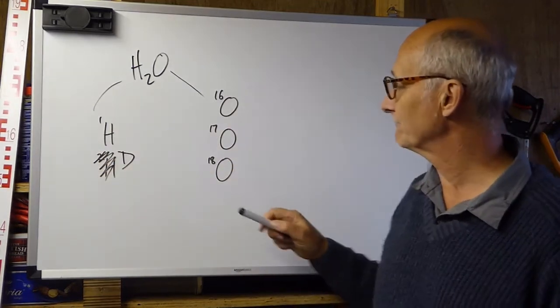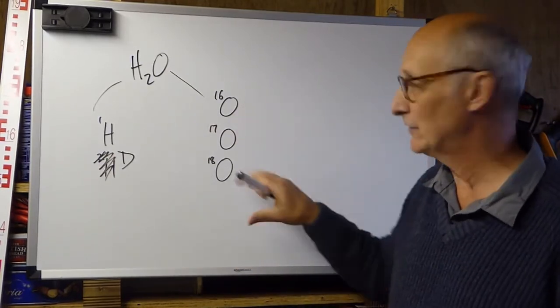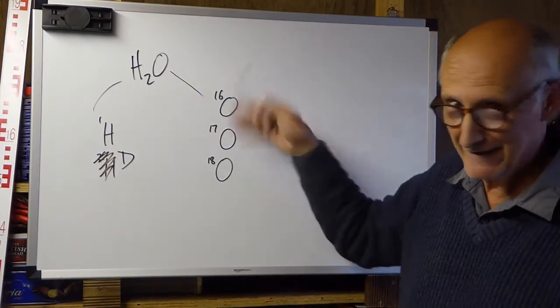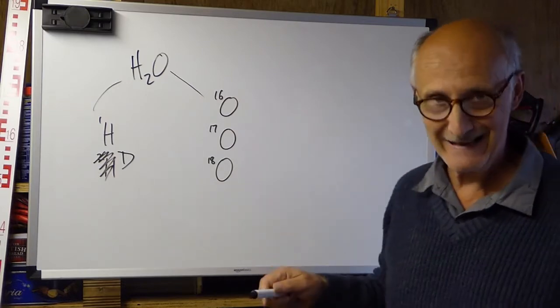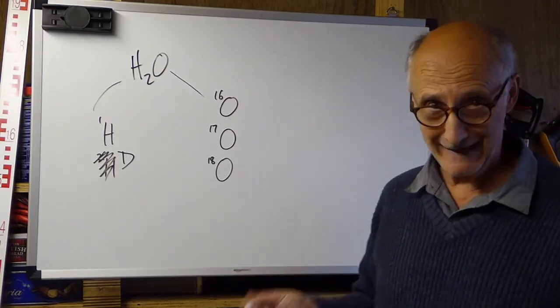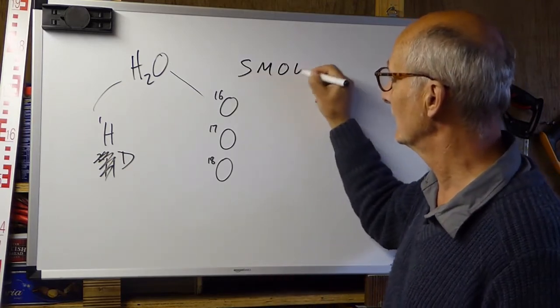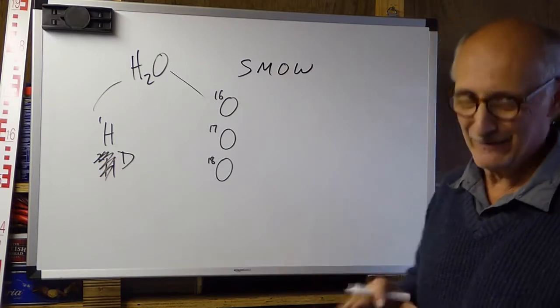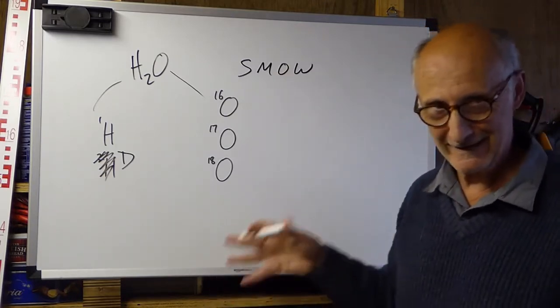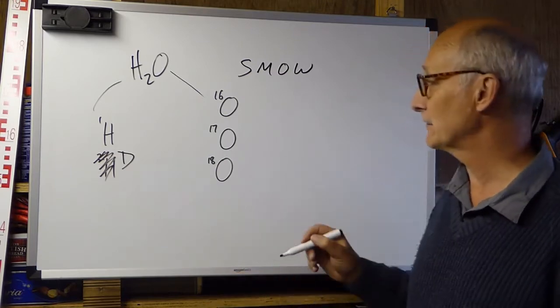Now, in natural settings, there's a typical ratio between how many oxygen 16s, oxygen 17s, and oxygen 18s that you typically get in a sample, and that's often referred to as standard mean ocean water, SMOW. Now, ocean water doesn't always adhere to this exact standard, but it's a standard from which we can measure differences.